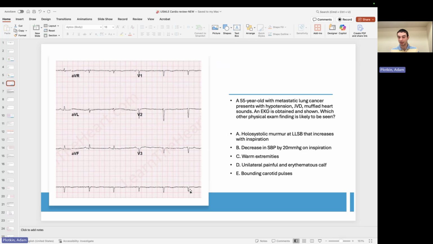And now this electrical alternans occurs because when this heart is in this pericardial sac that's got a lot of fluid in it, every time the heart contracts, it kind of swings in this fluid. And so sometimes it'll contract and swing closer to the top of my chest, or to the anterior chest. So it's closer to my leads. And so the EKG leads can pick up the signal, the ventricular contraction, a little bit better.